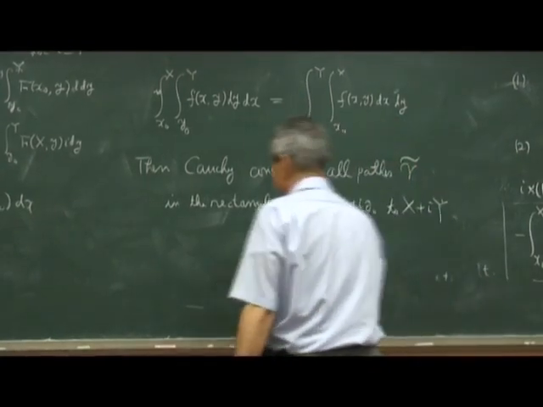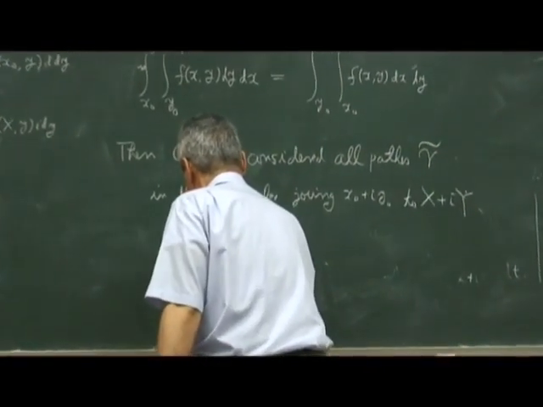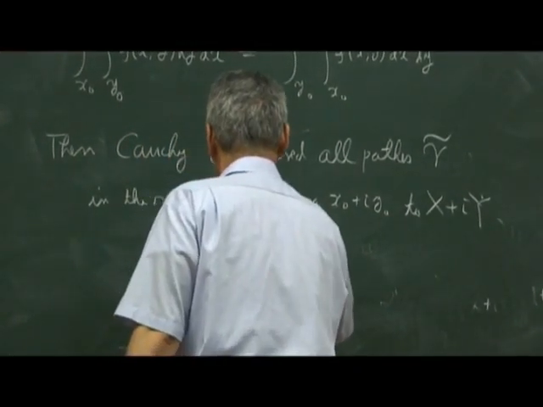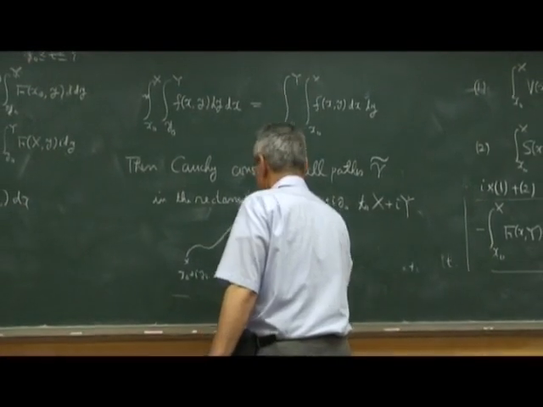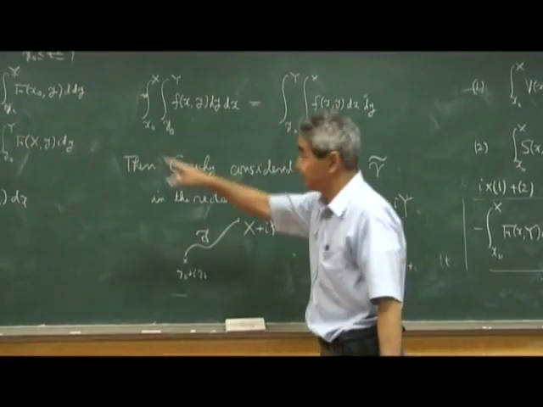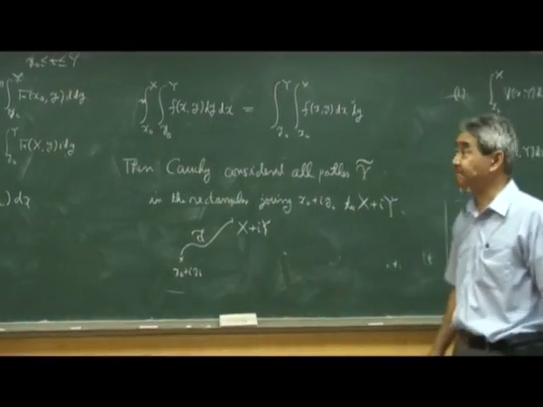So any path from x0 plus iy0 going to x plus iy, but the only condition is that this path is contained in this rectangle.